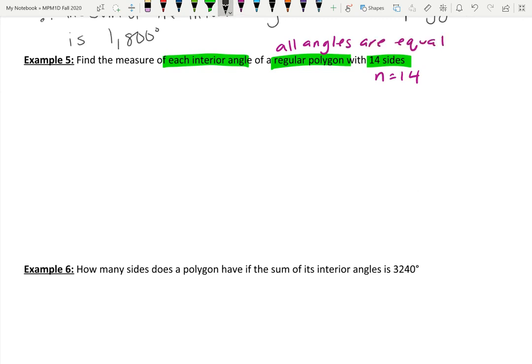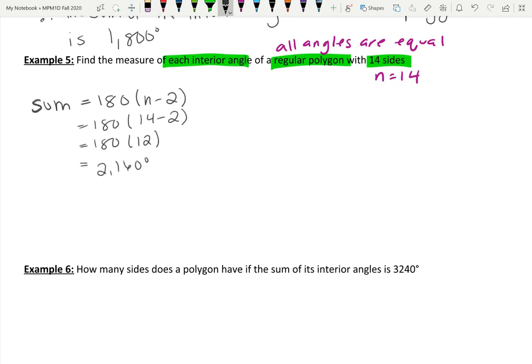Okay, so let's first start off by finding the sum of the interior angles. Okay, so in total, all of the interior angles will add up to 2,160 degrees.